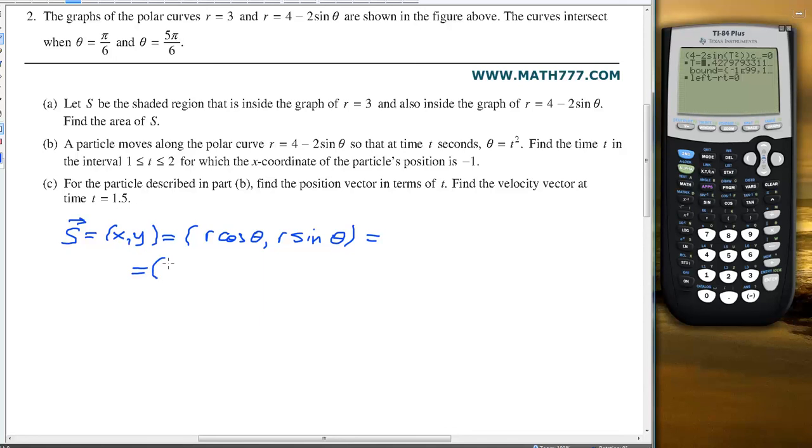What do we get? We get the x coordinate is (4 minus 2 sine t squared) times cosine t squared, comma, the y coordinate is (4 minus 2 sine t squared) times sine of t squared.